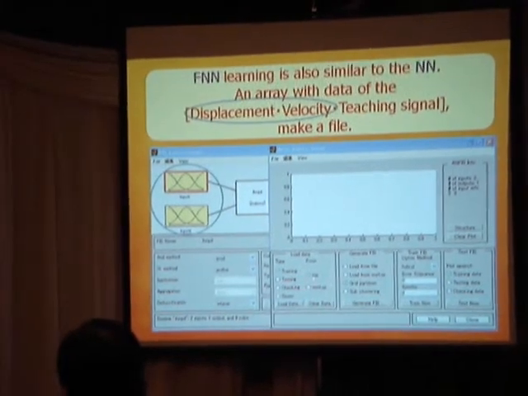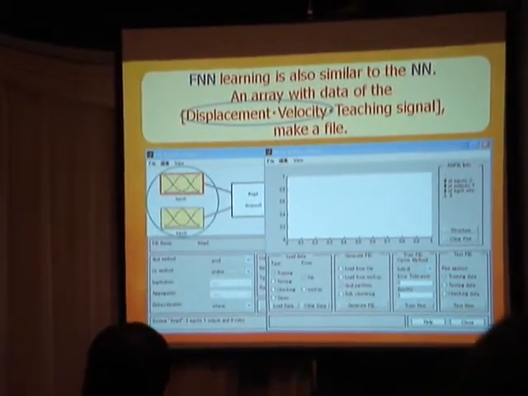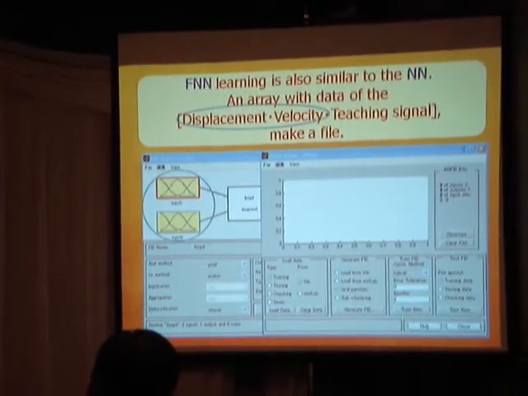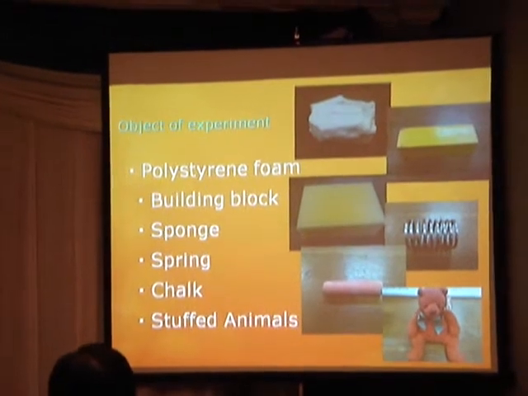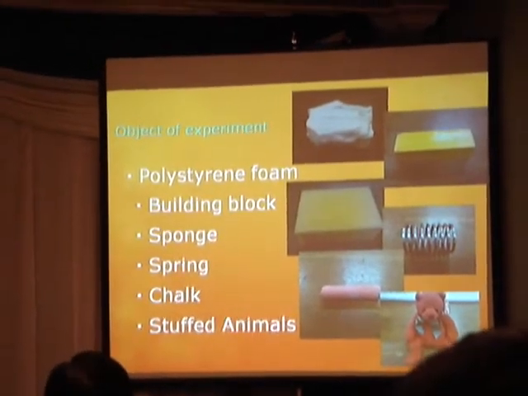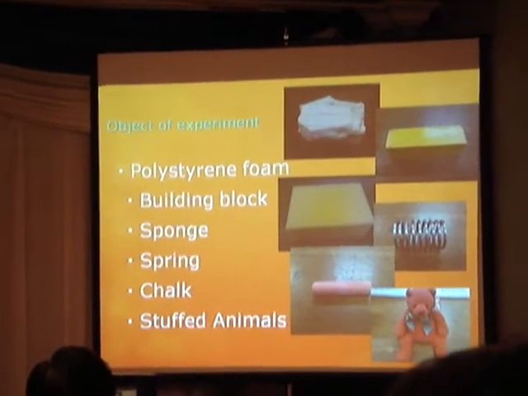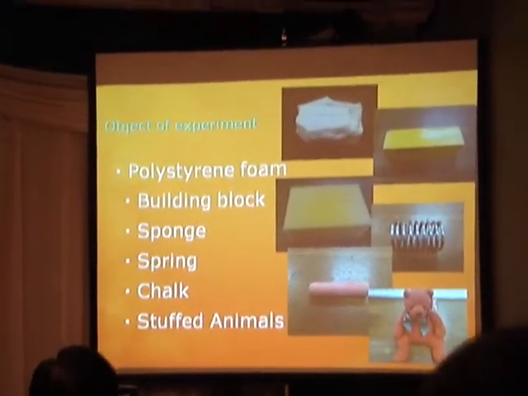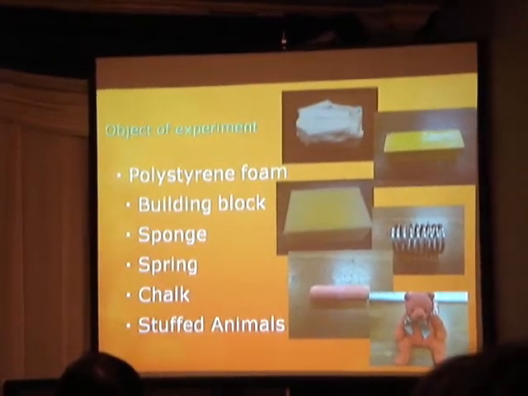The file that was made is loaded here, and I set the number of times of training. This is the epoch count. I used these objects in this experiment: a question form, building block, sponge, spring, chalk, and stuffed animals. These objects differ in rigidity.